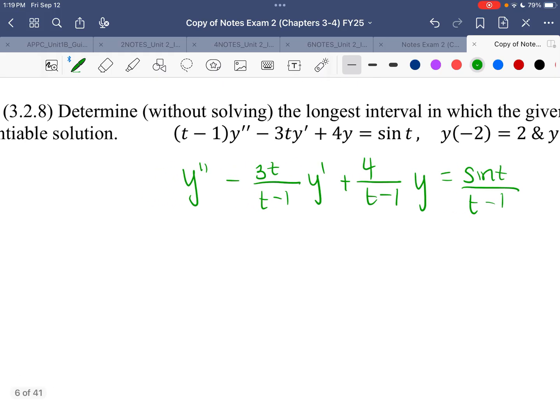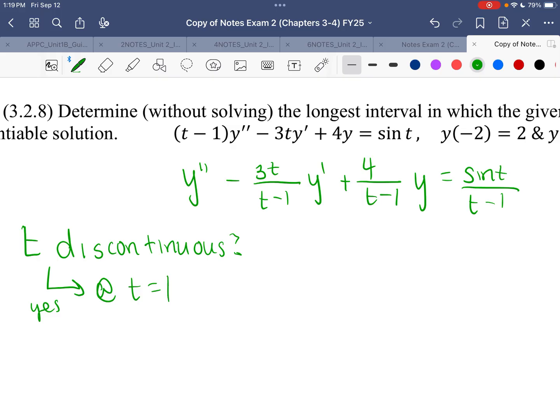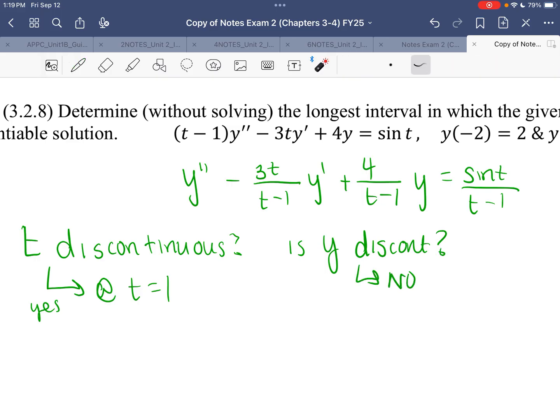Okay, so we're checking both variables. Does t contain any discontinuities? Hopefully the answer is yes, at t equals 1. Is y discontinuous anywhere? No. All the y's are just derivatives and polynomials.